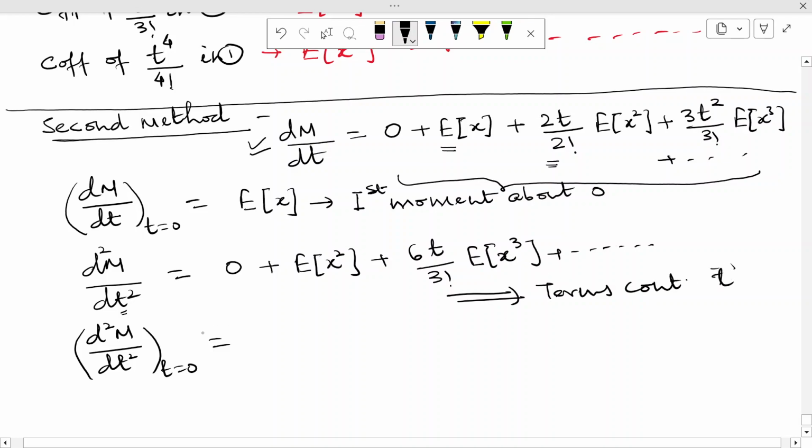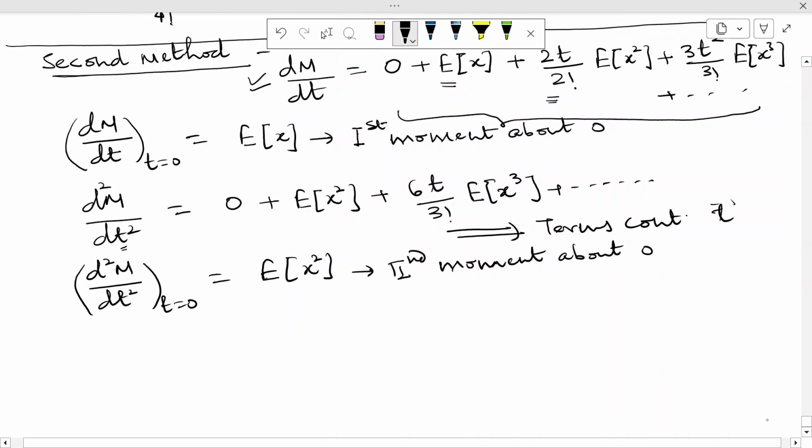So when you put t equals 0, the entire expression after the expectation of x square will be 0, and we are left with the expectation of x square. So this will be the second moment about 0.